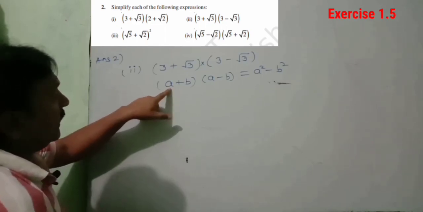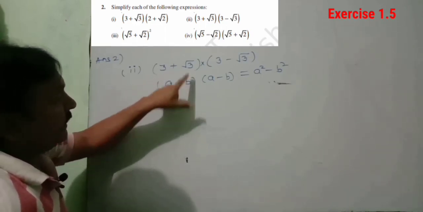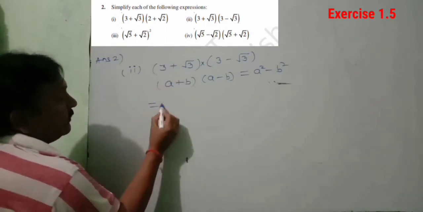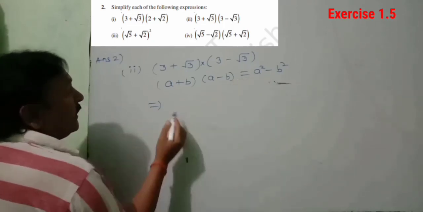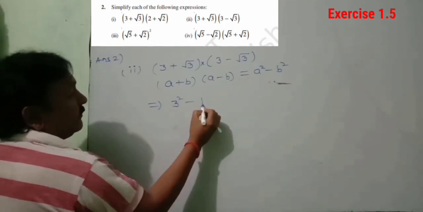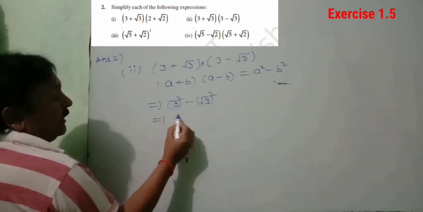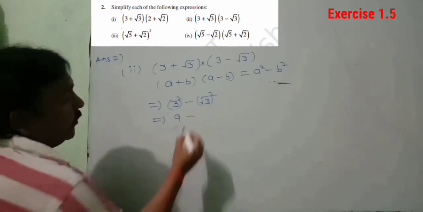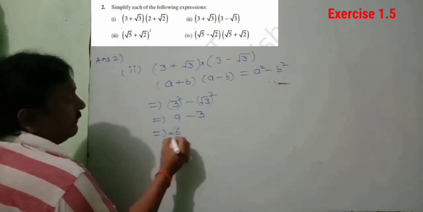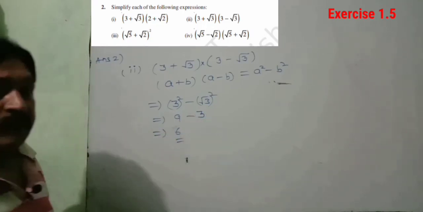In place of a it is 3, in place of b it is root 3. So we can write the answer as a square minus b square, it means 3 square minus root 3 whole square. Put them in brackets. 9 minus root 3 square, which means only 3. So 9 minus 3 will give the answer 6. Okay. Note it.